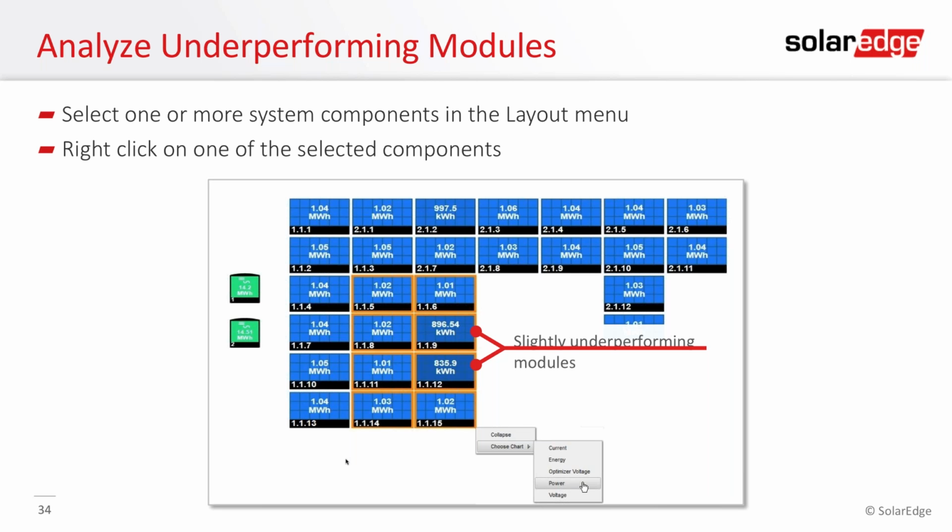You can right click, go to choose charts, and decide which chart you want to plot. You have the options of plotting the current, the energy, the optimizer voltage, the power, or your module voltage.